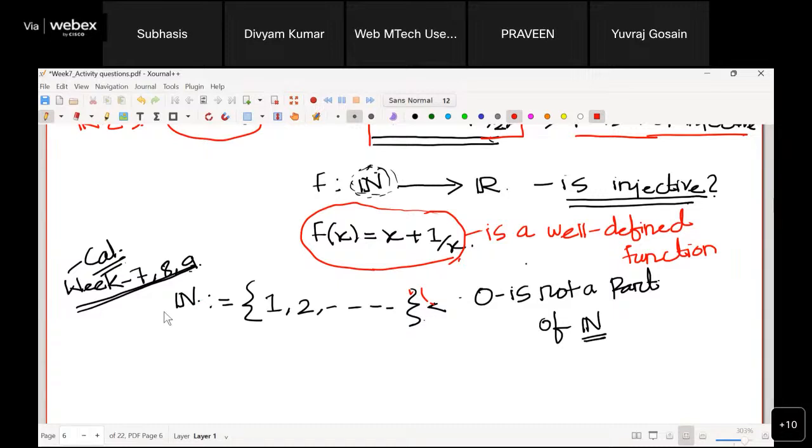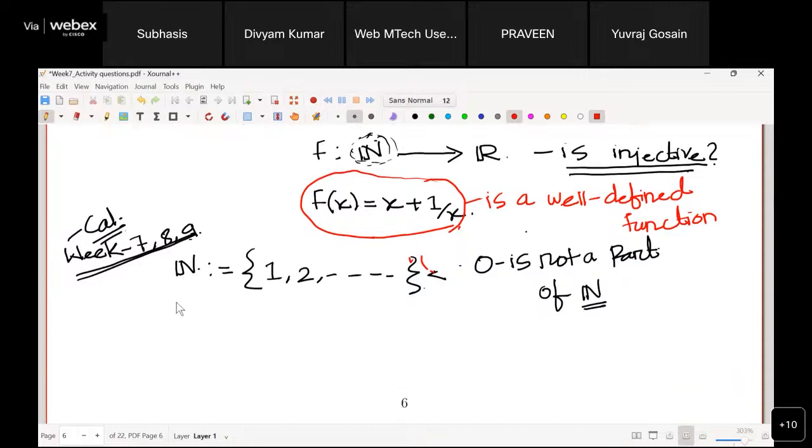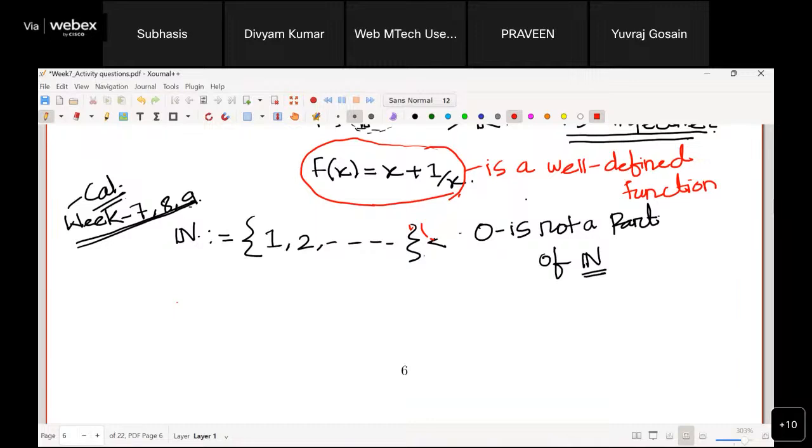So what we want to do is check whether this function is injective or not. Suppose I have two numbers, let's say x, y in my set of natural numbers, and x is not equal to y.